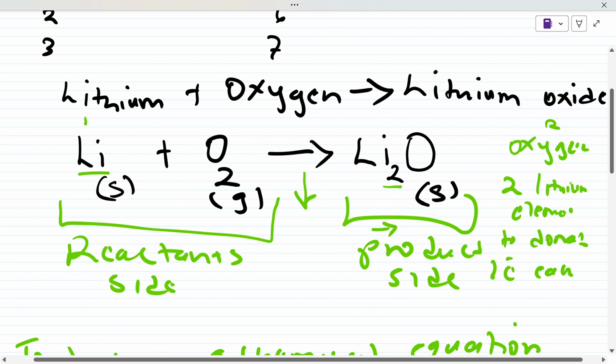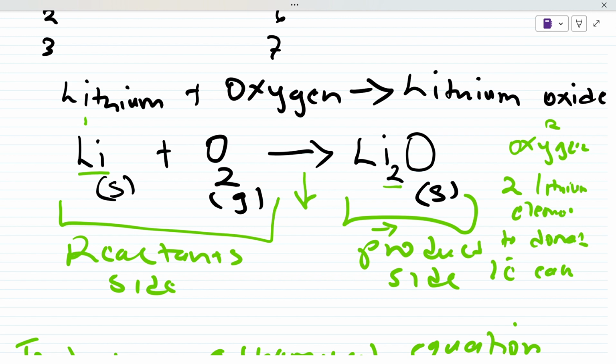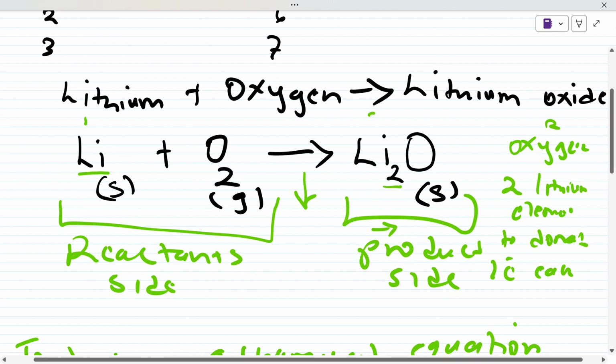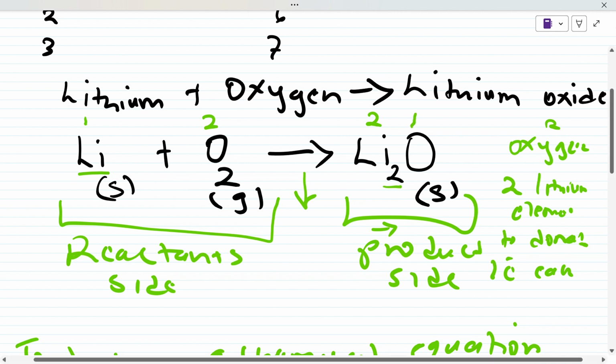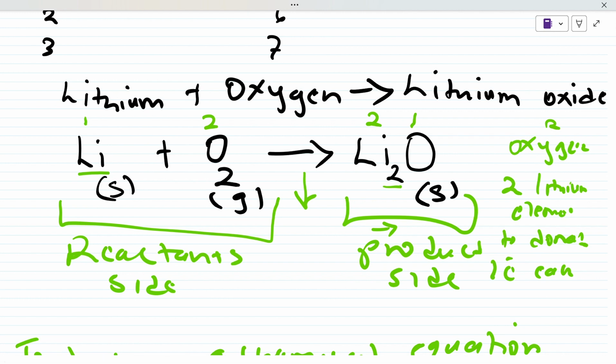So if that happens, I'm supposed to be requiring 2 lithium. So lithium is 1 on the reactant side, and on this side I have 2. Oxygen is 2 because we have 2 atoms of oxygen, because it is an oxygen molecule. I have 1 on the product side. How do I make them equal? That's the question.